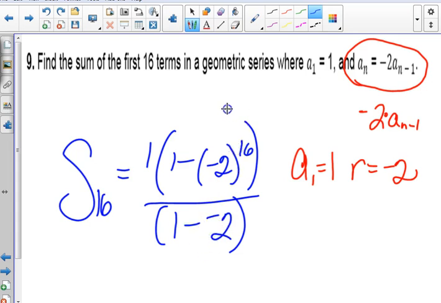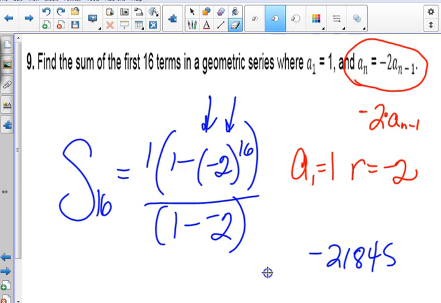But because of this power, you have to have these parentheses. Okay, that's what I got. But it doesn't mean I'm right.